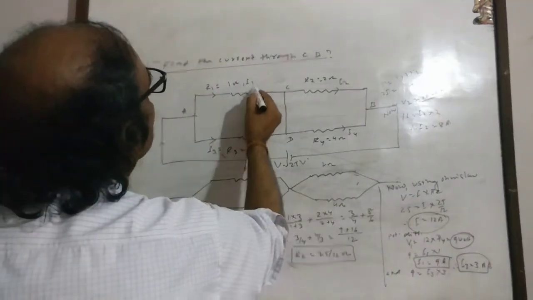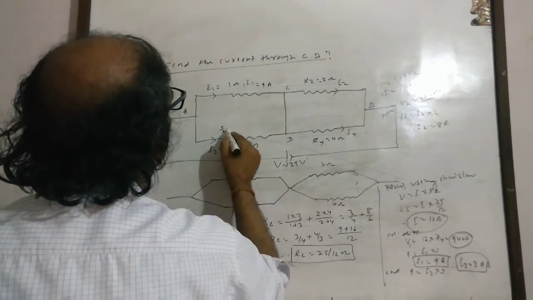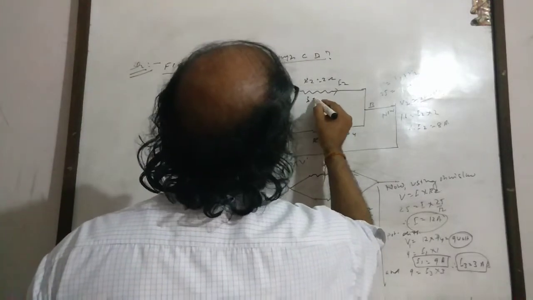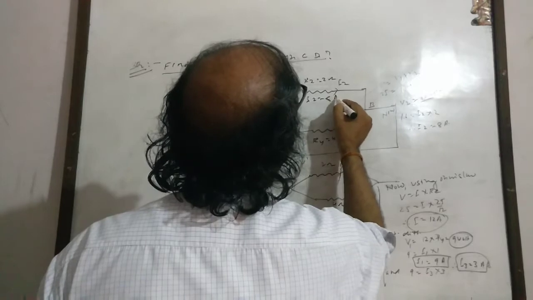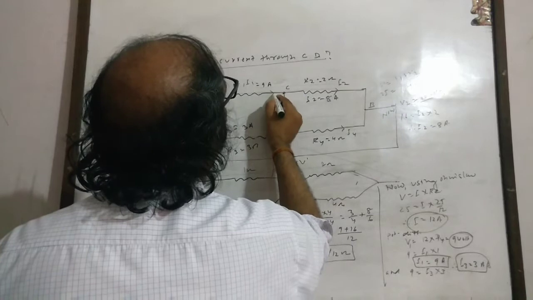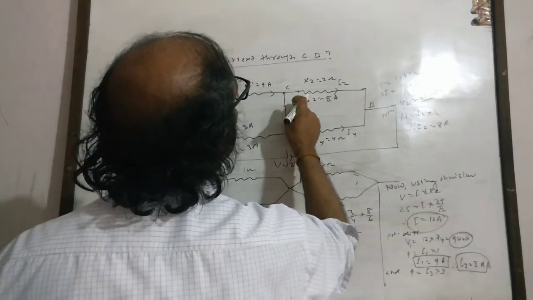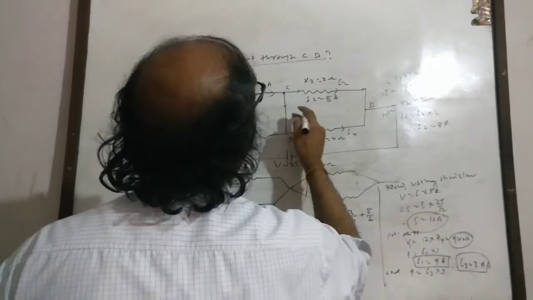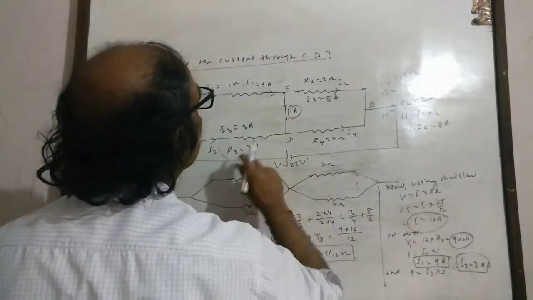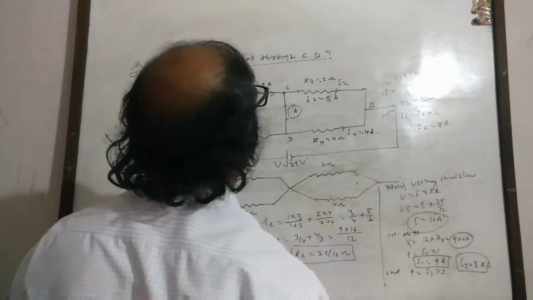So here is the current 9 ampere, this one is current I3, 3 ampere, this one is current I2, 8 ampere, and according to the junction rule, the current incoming is equal to outgoing. So this current incoming is equal to this plus this one. So 9 minus 8 equals 1 ampere, and this is your answer. And 3 plus 1 is equal to 4, so I4 is equal to 4 ampere.